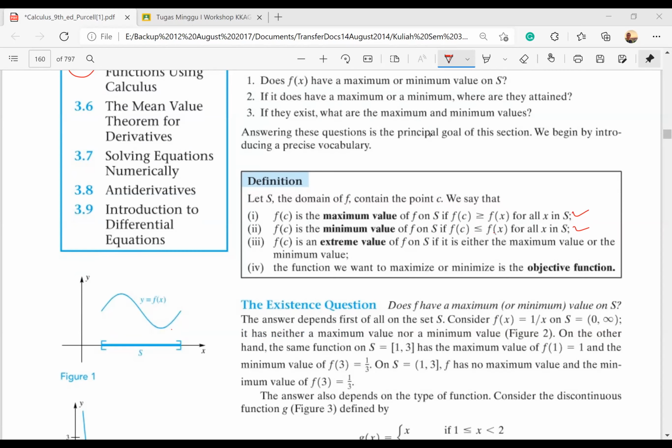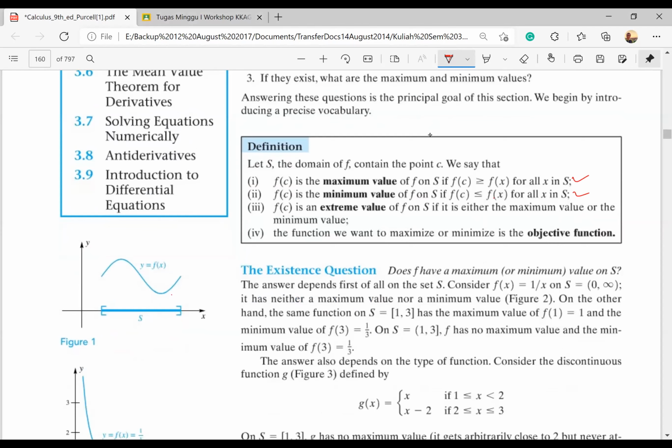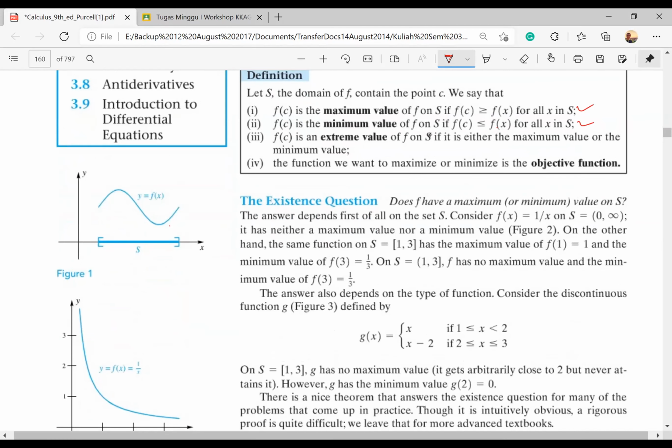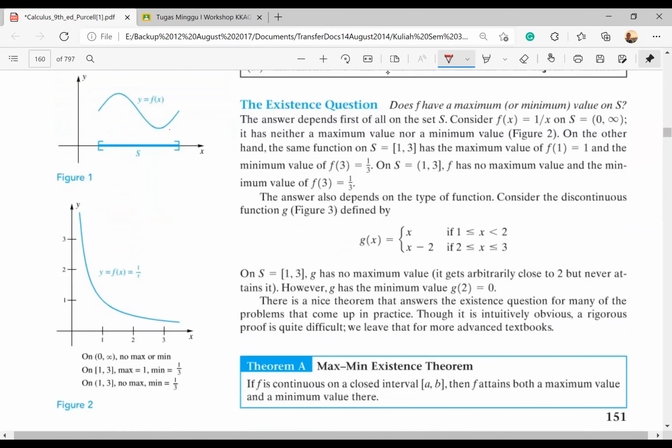Okay. And the f that we try to find max or min of is called the objective function. Okay. We don't need to rewrite this.